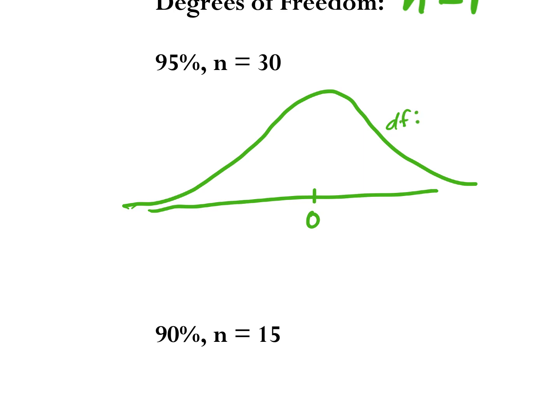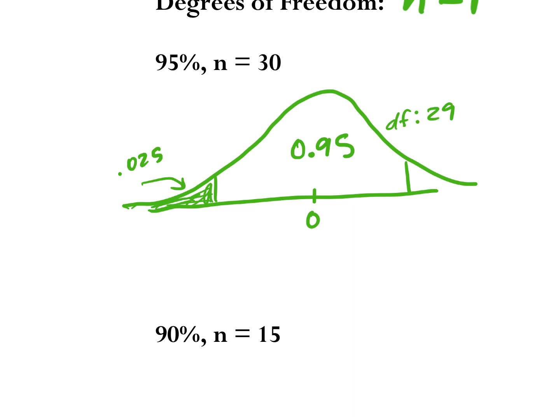So what are my degrees of freedom if I want to do this for a sample size of 30? 29. Before, with 95% confidence, we just found that middle 95%, and then I said, well, what's this tail? 2.5%, which I'm going to write as 0.025.